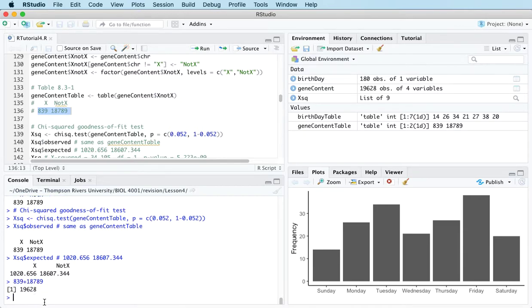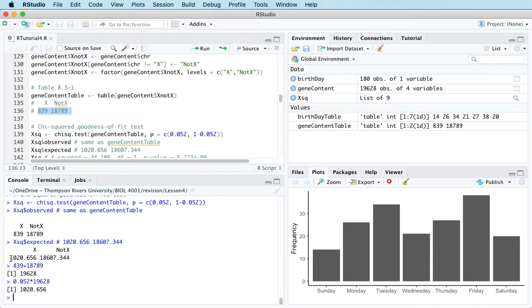So if we did 0.052 times 19,628, we would get this, which is what we would expect to see if the null hypothesis was true, and this is what we would expect to see for the number of genes not on the X chromosome.